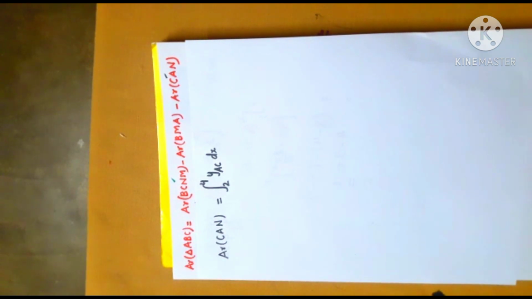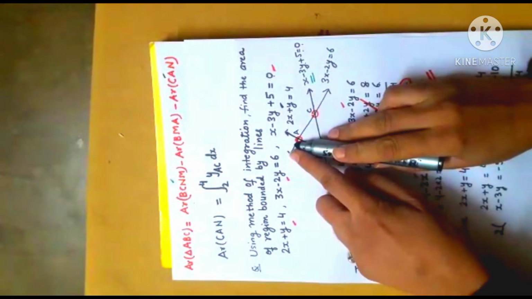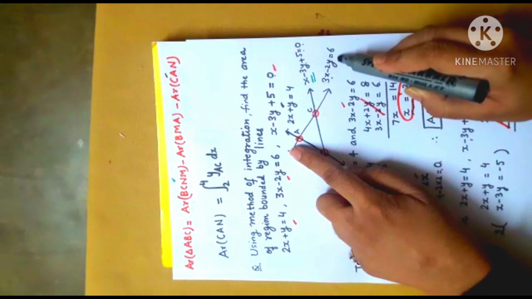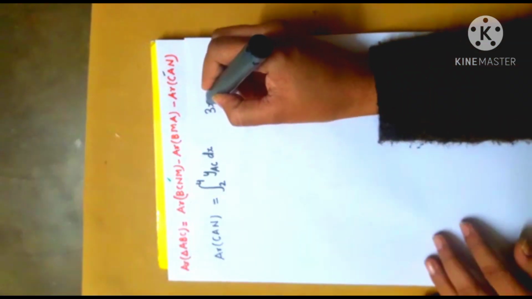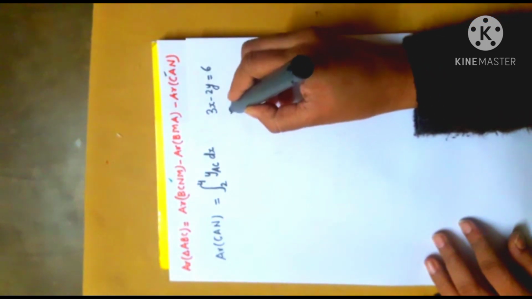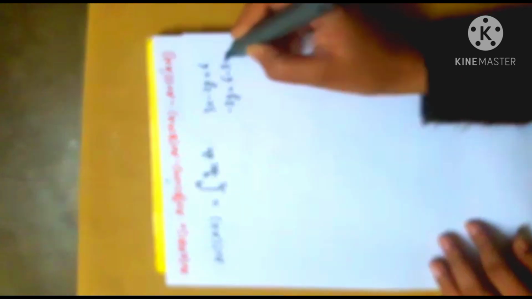Now I want y of AC. So from this figure, equation of AC is 3x minus 2y equals 6. Right? So from here, minus 2y will be 6 minus 3x.